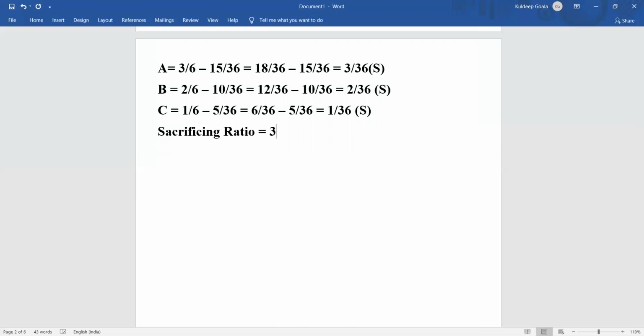Only the denominators, okay? 3 is to 2 is to 1. Clear? Okay, very simple. This is how you are going to find it out.